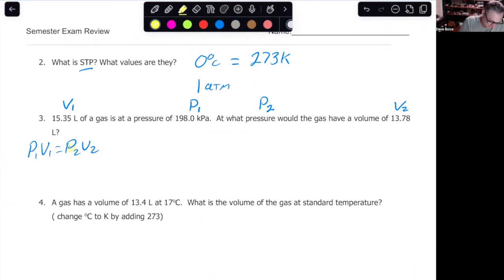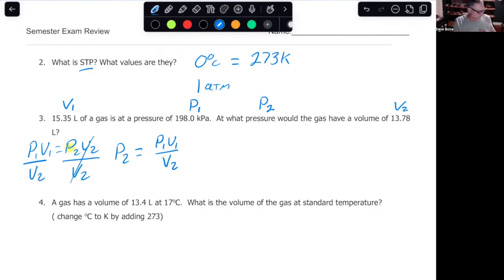And I want to know P2, right? And so what I'm going to do is divide both sides by V2, and I won't go through and do this for every question. I'm just kind of explaining why I'm doing this. V2 cancels on one side, and I'm left with P2 equals P1 V1 divided by V2.